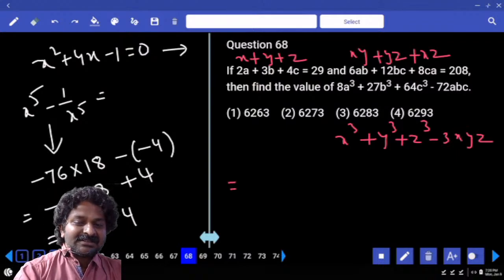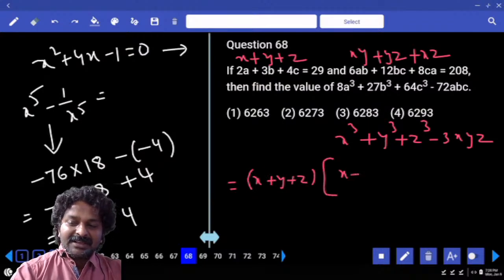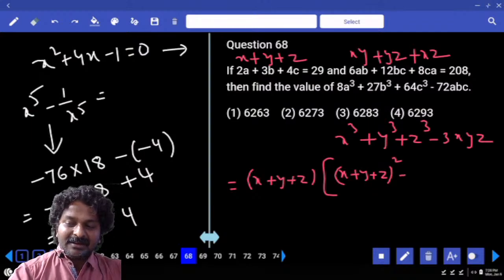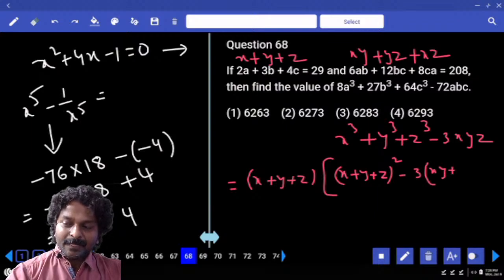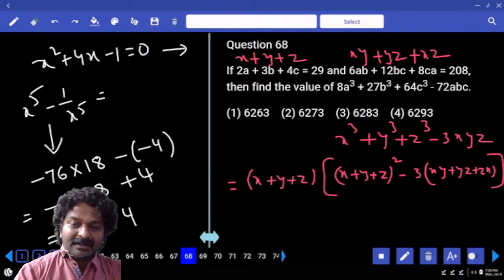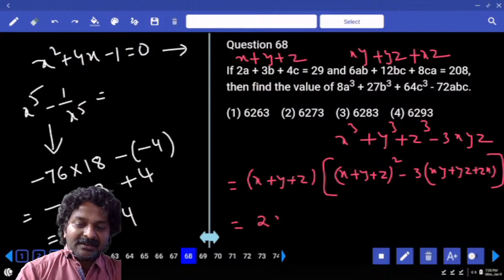How will you get this? x plus y plus z into x plus y plus z whole square minus 3 times of xy yz zx. x plus y 29.